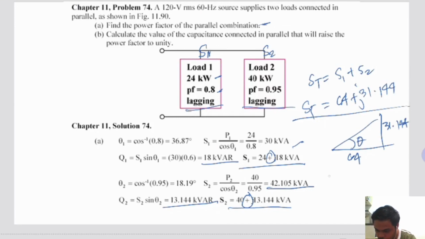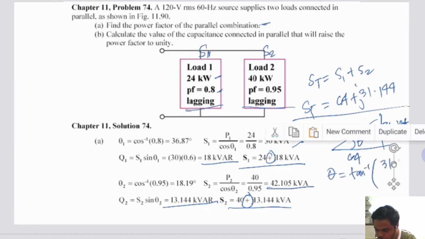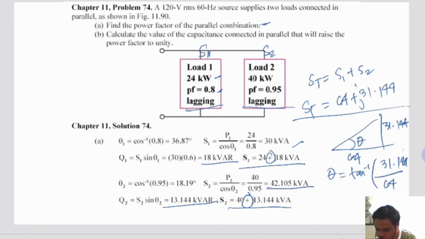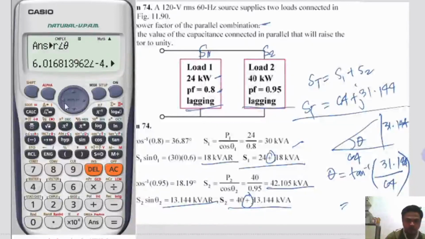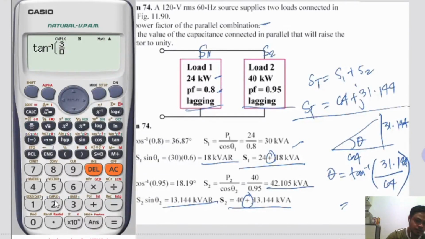So theta can be computed as tangent inverse of the opposite over the adjacent, 31.144 all over 64.